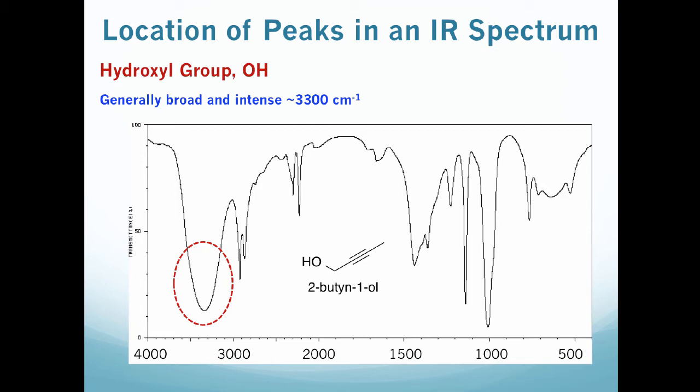And we're going to start with the most diagnostic one of all, which is the hydroxy group, or an OH. Hydroxy groups are generally very broad, very intense, and usually around 3,300 wave numbers. So they can be anywhere from usually 3,200 to 3,600.